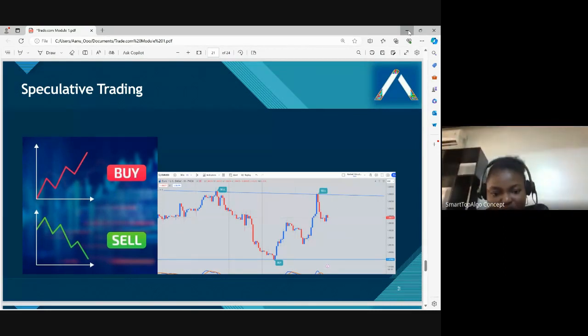Now look at an illustration. Let's assume I was at this level when the market is here. From this point, what happens? Market drops. If I enter the market for a sell, I make money. Now, if at this point I can see the market is going to go up, and I enter the market for a buy, and it went up, I make money.